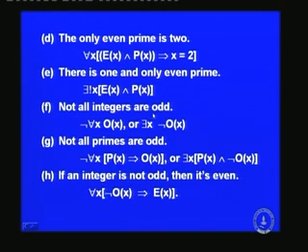Not all integers are odd. This can be written in the form not for all x, o of x, or there exists x, not of o of x. Not all primes are odd.